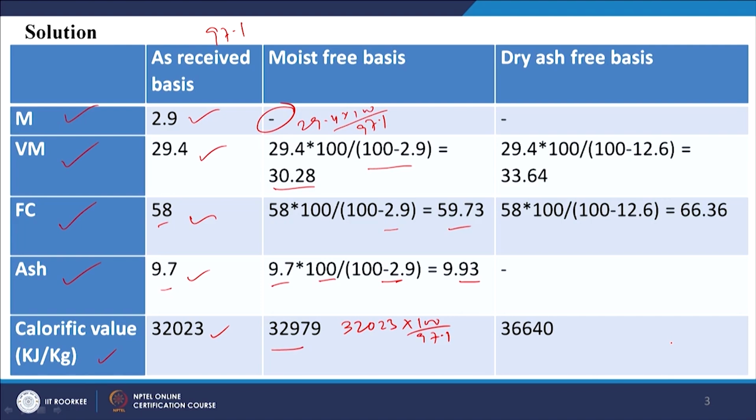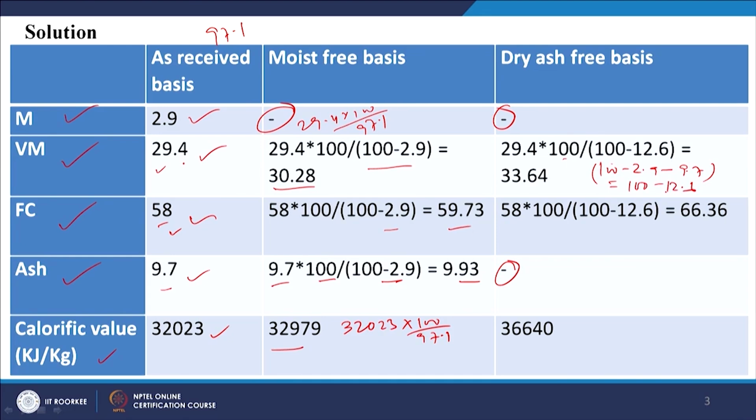Now, for dry ash free basis, we will not be having moisture, we will not be having ash. So, we are getting this plus this. In this case volatile matter will be 29.4 into 100 divided by 100 minus 2.9 minus 9.7. So, that is equal to 100 minus 12.6.